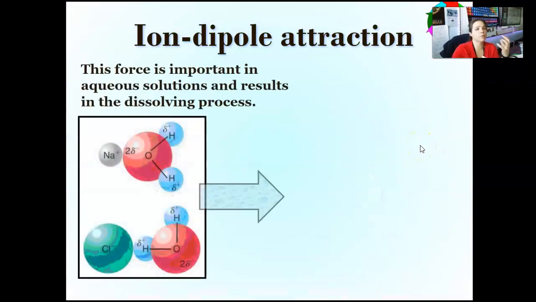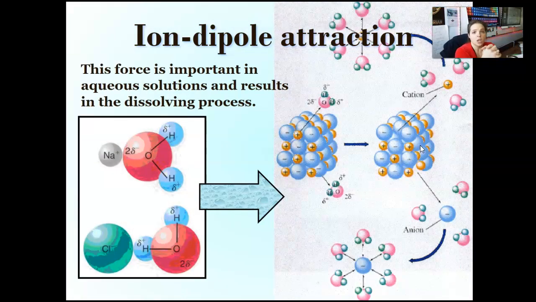Where do we see this? Well, this is very important in aqueous solutions. So say I'm throwing salt, an ionic, into water, a covalent. It doesn't really break it up. It pulls apart the ions, but the ions are still considered an ionic bond, right?